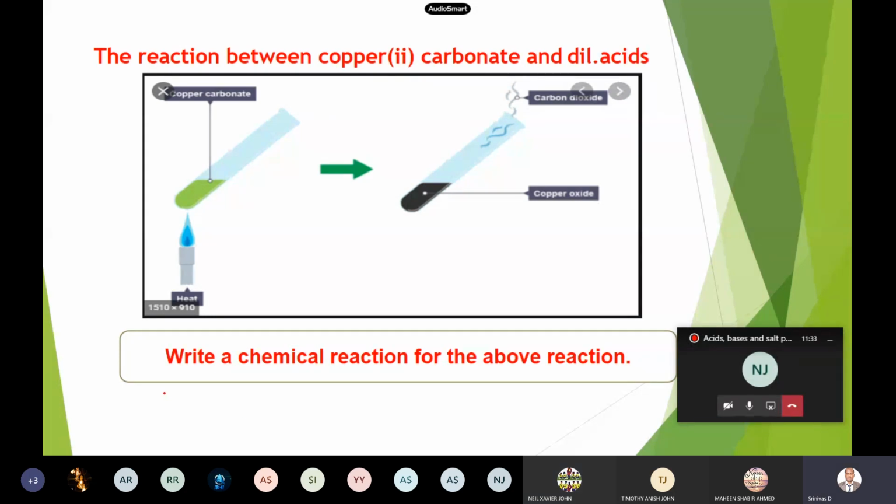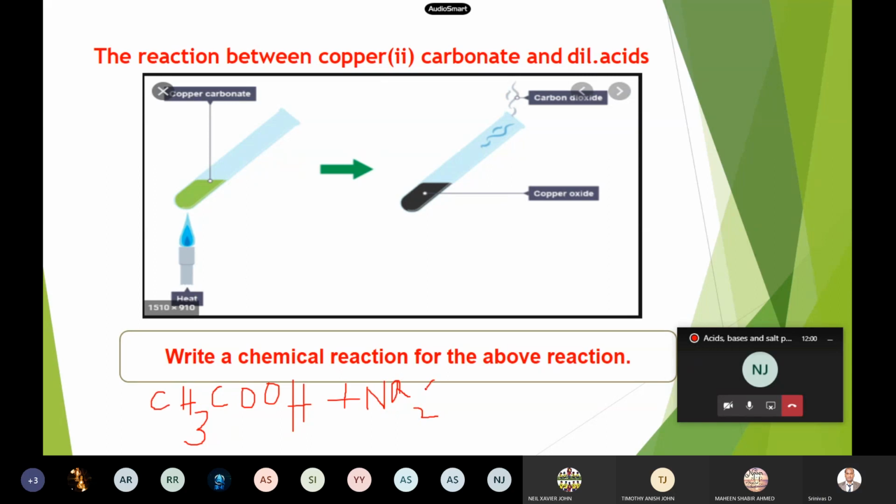Can I write here? See, it is CH3COOH plus Na2CO3. This is for the previous slide. I'm writing with my left hand, so it is slow.